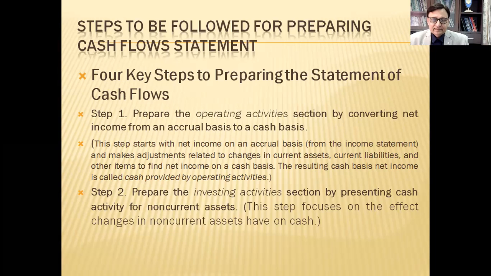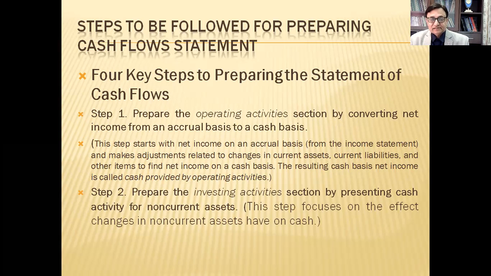From that information, we will follow a certain methodology or step by step procedure, so that we can easily prepare the statement of cash flows while following the various guidelines given in IAS 7 or Ind AS 7. Basically, we follow the four-pronged strategy or the four key steps to prepare the statement of cash flows. The first step, which is very, very important, is to prepare the operating activities section.